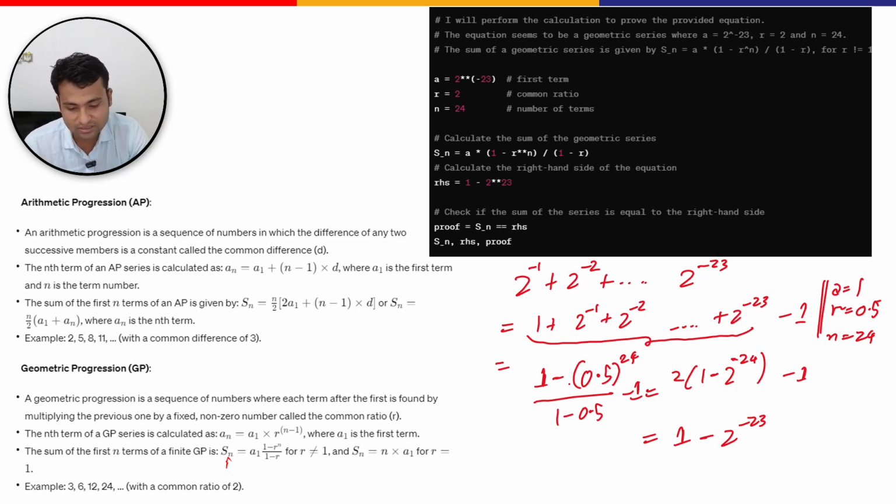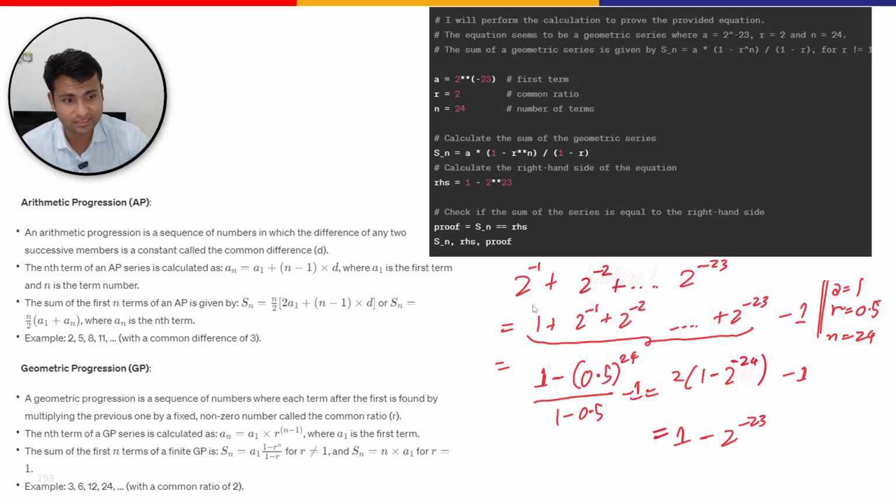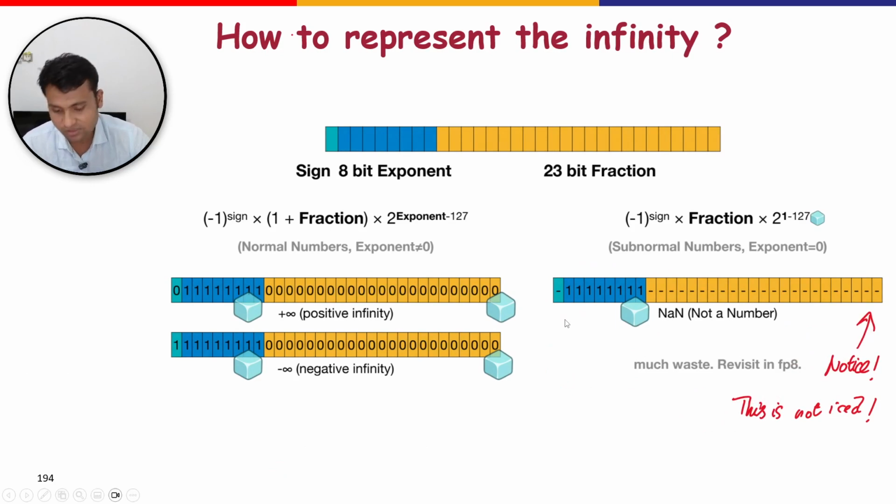So 1 minus, and every time it's getting divided, r is here 0.5. So 1 minus 0.5 raised to the power 24 upon 1 minus 0.5, according to this formula which you see right here. So this would give you 1 minus 2 raised to the power minus 23. Then you multiply it with 2 raised to the power minus 126 in order to get the largest possible subnormal value.